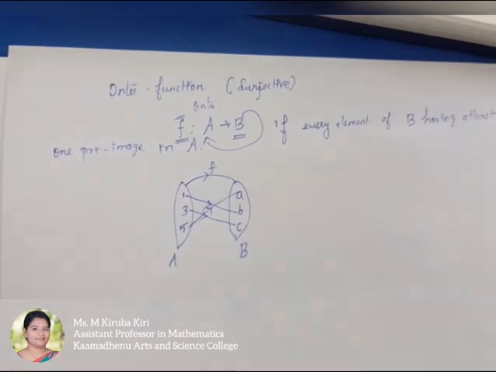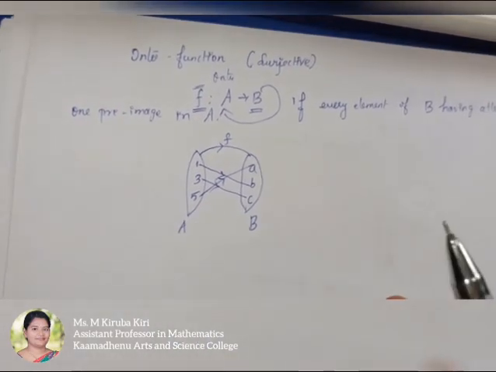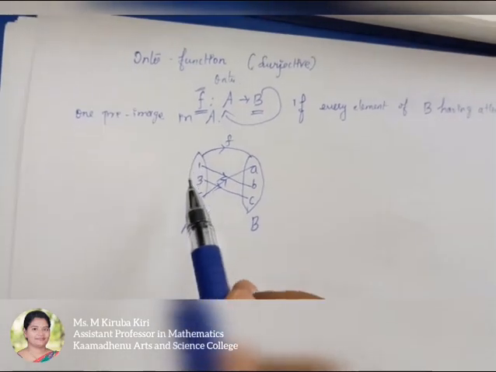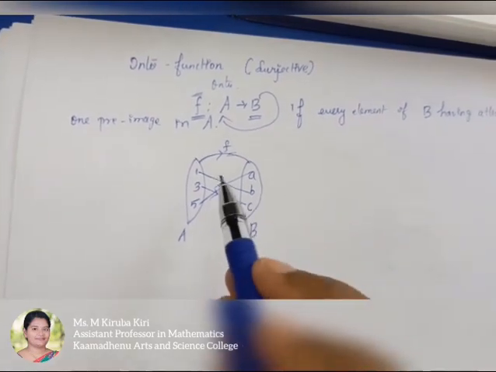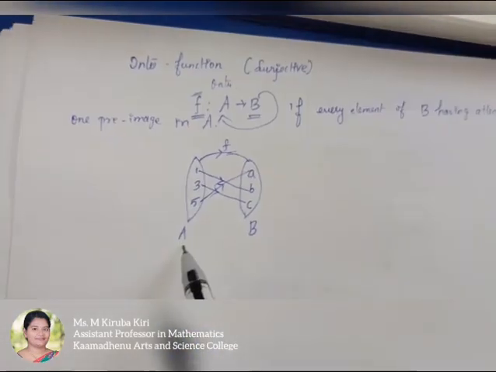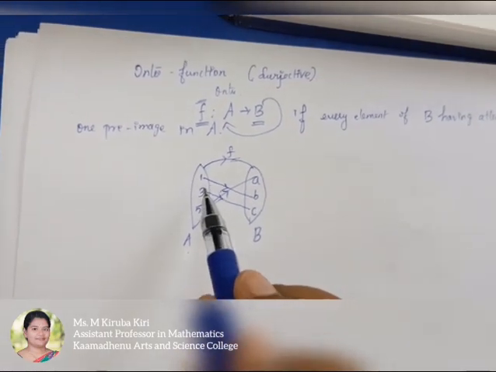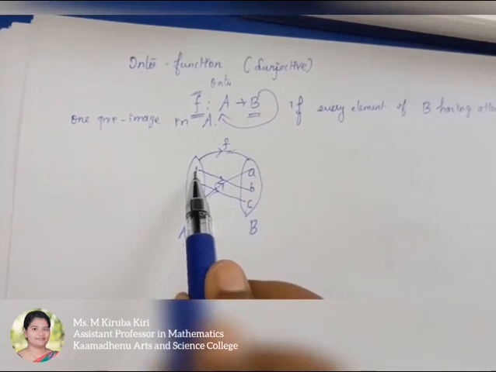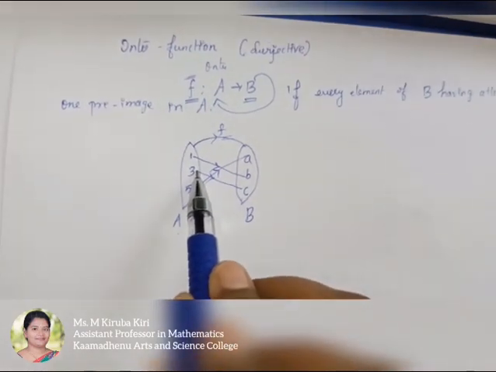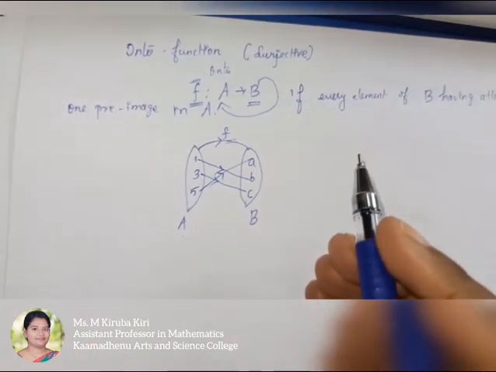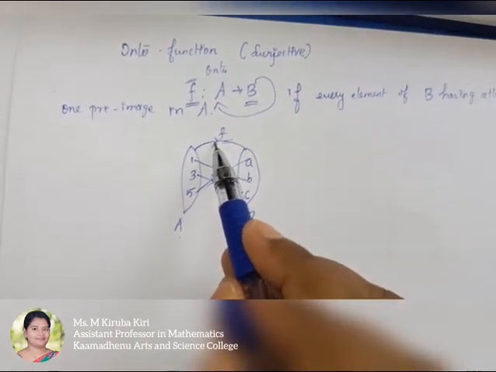Already we know that if every element of A is used, and used only once, then f is a function. 1 is used once, 3 is used once, 5 is used once. Therefore f is a function.